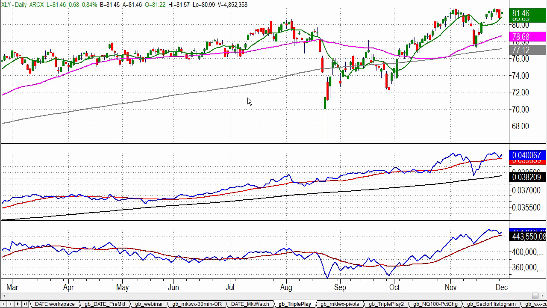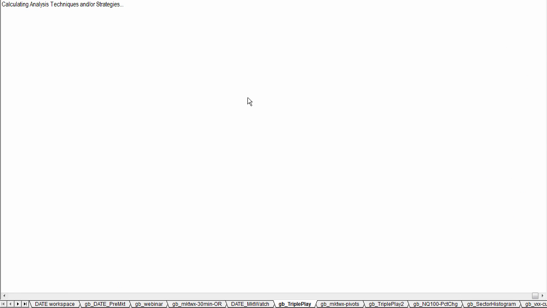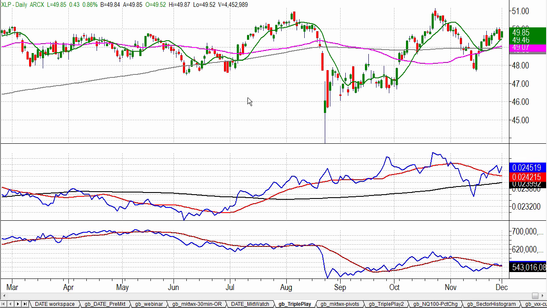Okay, so the next one on the list, just going down from the top, XLP. Now XLP is only up 0.5% over 6 months, and you can see that that's pretty easy to figure out just by looking at the no travel on this particular chart. But what we want to look at here, in the last 3 months, it's actually rallied about 3.5%. So that's looking back to down where it was here. So that's pretty healthy.